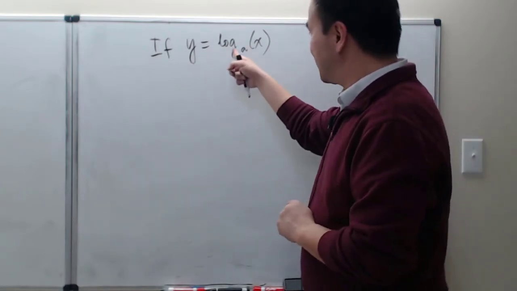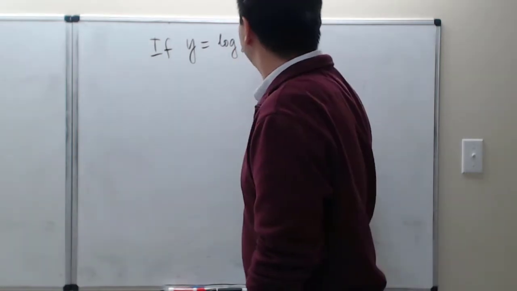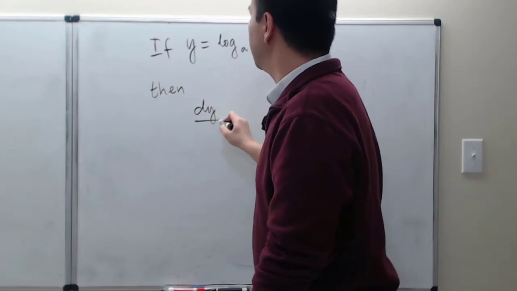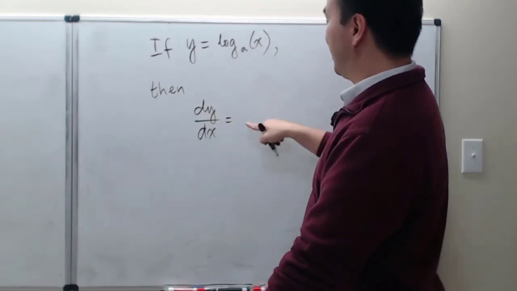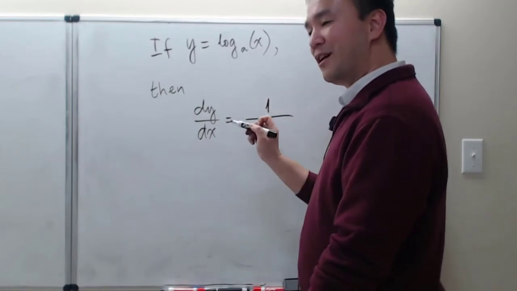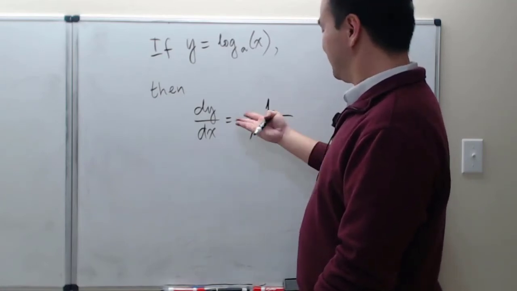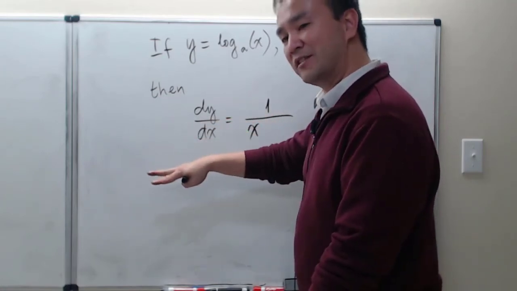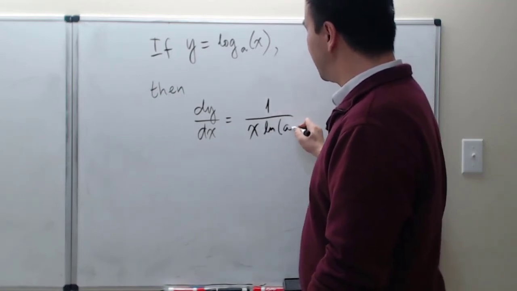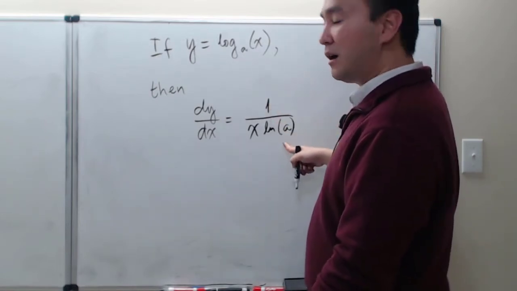So if y equals log base a of x, then the derivative dy dx equals what we have found here. Let's put it all together. It has a similarity with the natural logarithm, 1 over x. But a little more than the natural logarithm's derivative, here it's 1 over x, but in the denominator there's natural log of a, the base that originally came with your logarithm.